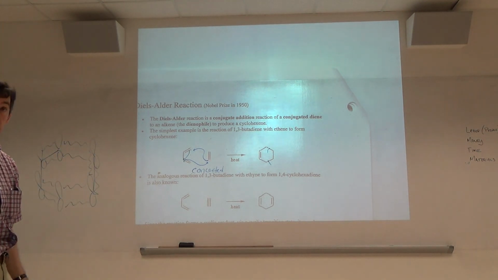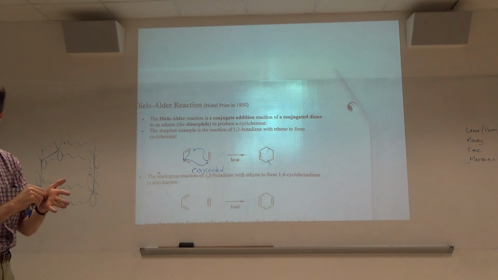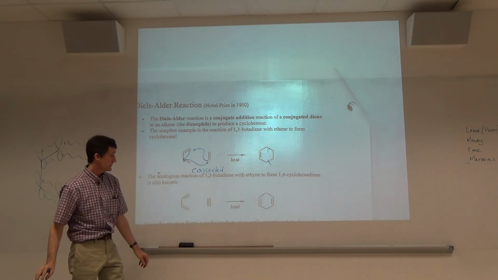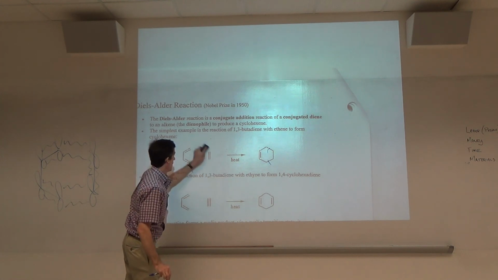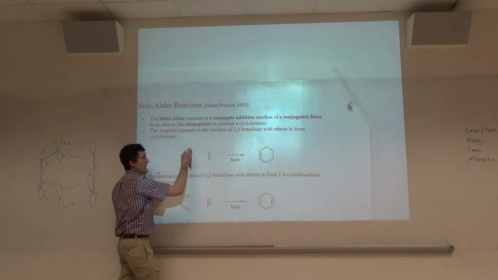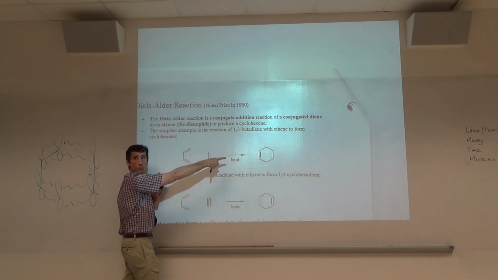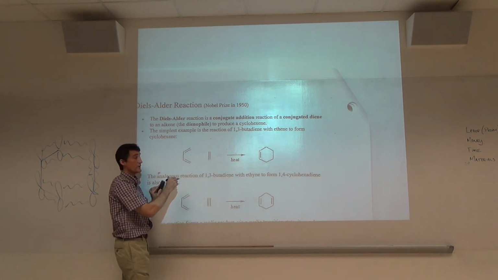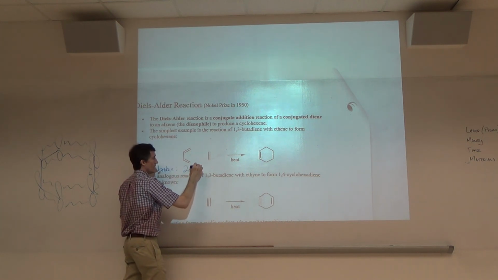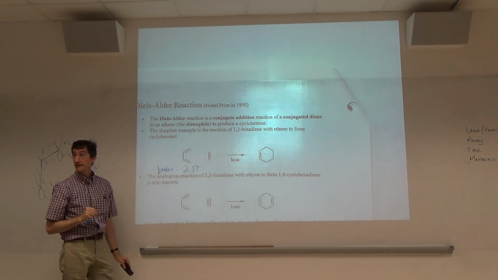Let's evaluate it, okay? We can pull out our calculator and do some bond numbers, but let's evaluate it more qualitatively, just in general. What was broken over here, and what was formed? I see 3 pi bonds over here, I only see 1 over there, right? So what's broken? 2 pi bonds are broken on this side, everybody agree?